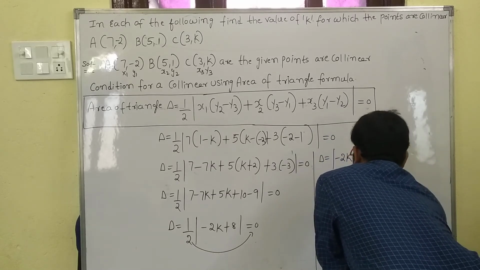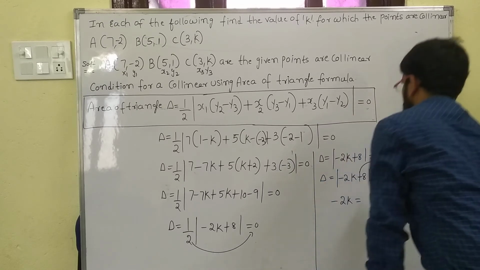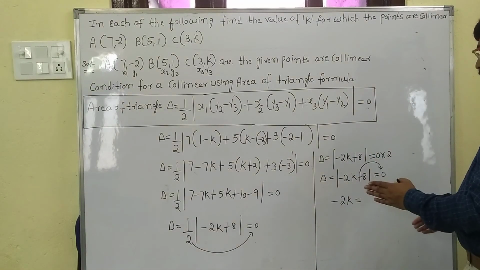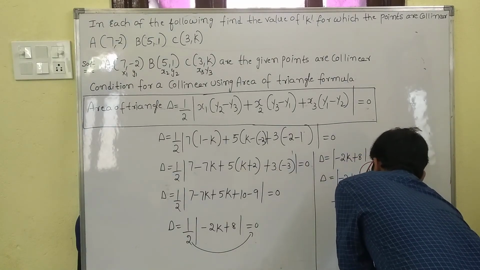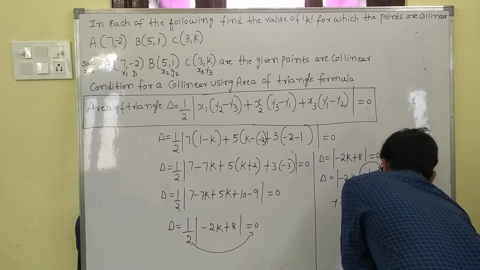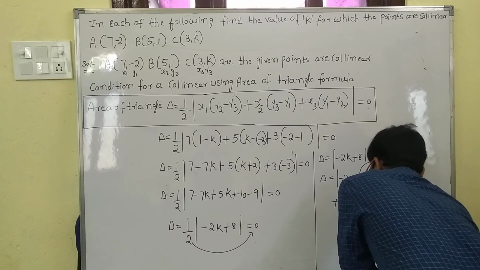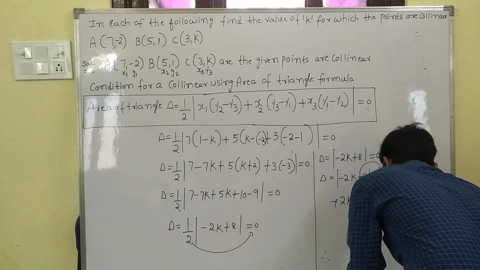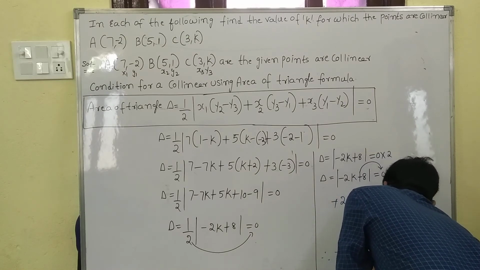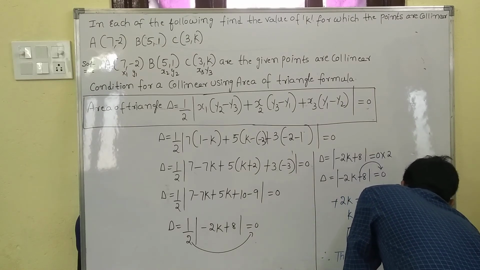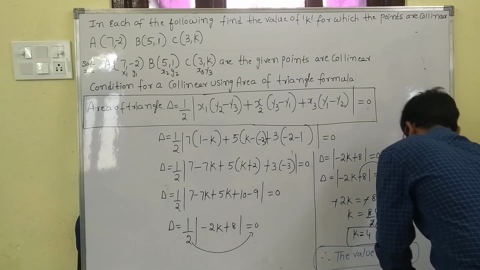Now, sending 8 from the left side to the right side, it becomes minus 2k equals minus 8. The minus signs cancel, k equals 8 by 2, k equals 4. Therefore the value of k is equal to 4. Okay, this is the value of k.